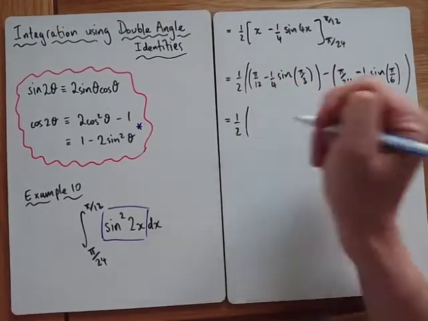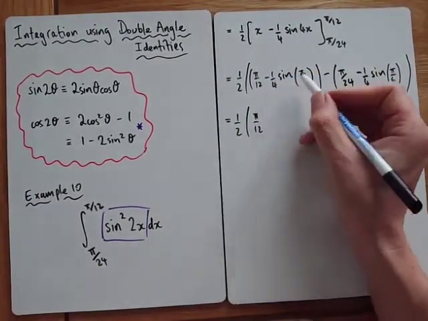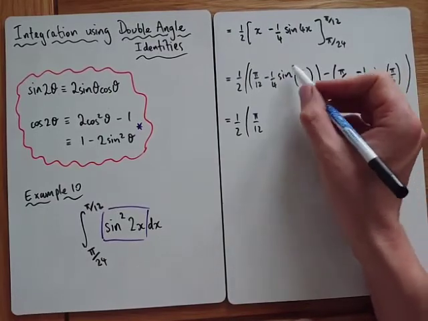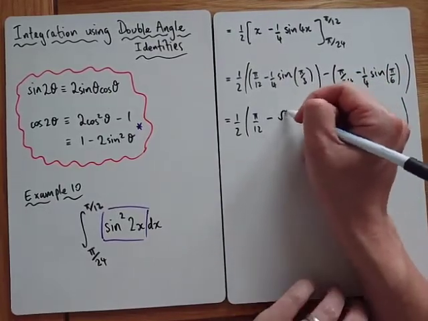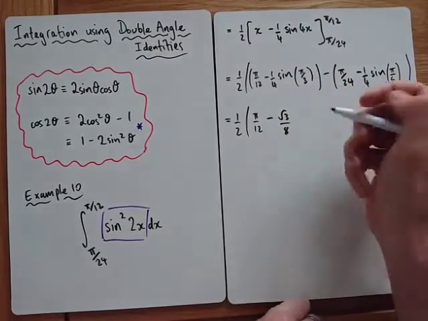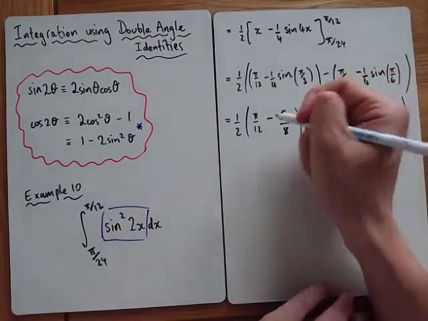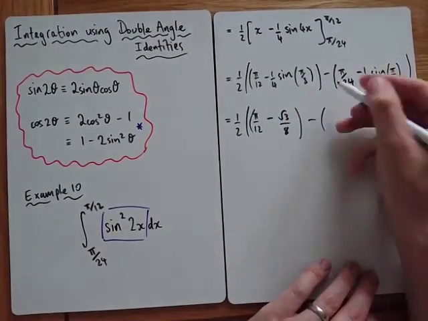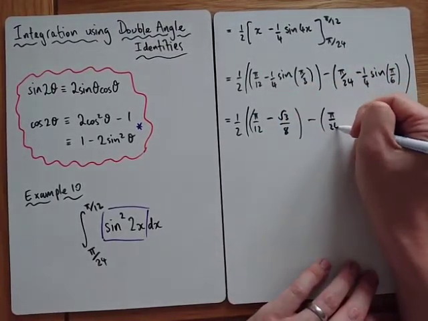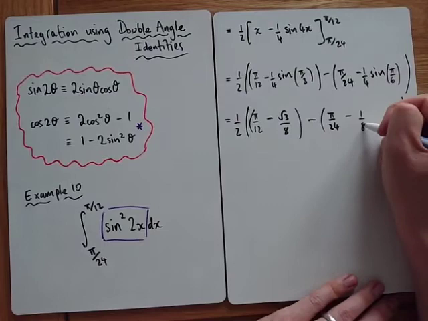We've got a half, pi over 12 minus a quarter times by this. Now this is root 3 over 2, so that'll be minus root 3 on the top over 2 times by 4, so that'll be over 8. Minus, I'm going to keep a bracket, pi over 24 minus, okay, if we do sine of pi over 6, we get a half, so that'll be minus 1/8.